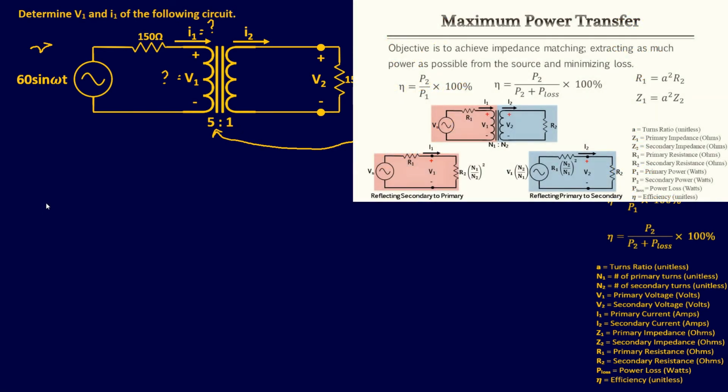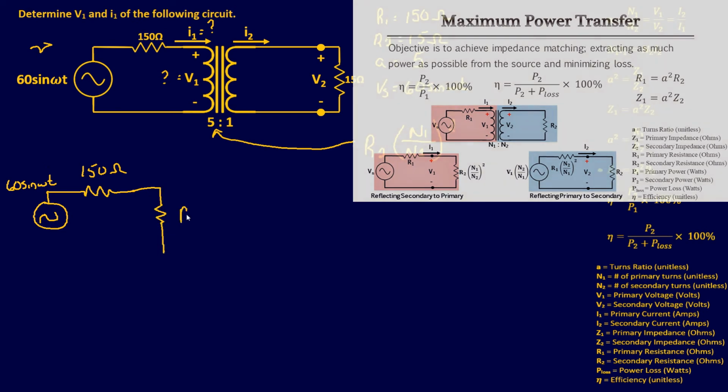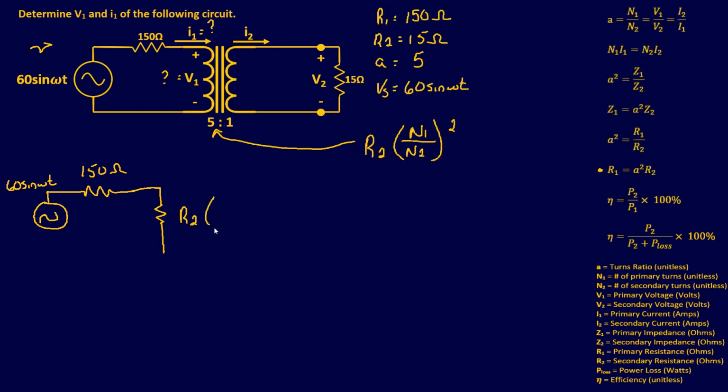If we have our circuit set up here, we're going to have our source, which is 60 sine, and that's going to go to R1, which is 150 ohms. And then, if you're looking at this and you're trying to do your measurements, the transformer is going to see a resistance of your load resistor times N1 over N2, which is your primary turns and your secondary turns, that is your turns ratio.